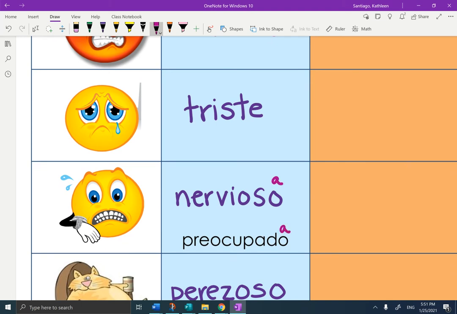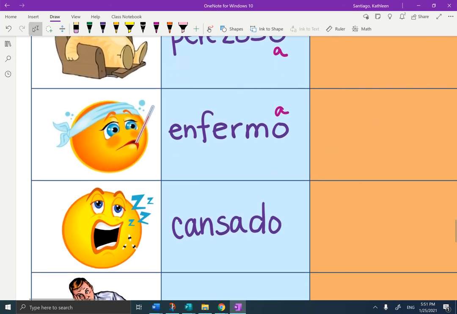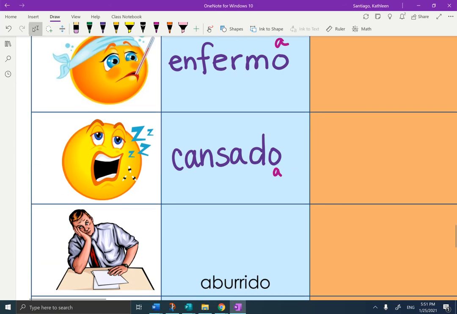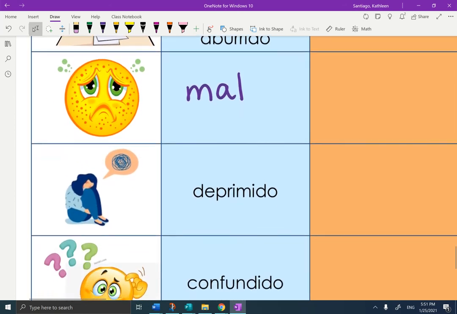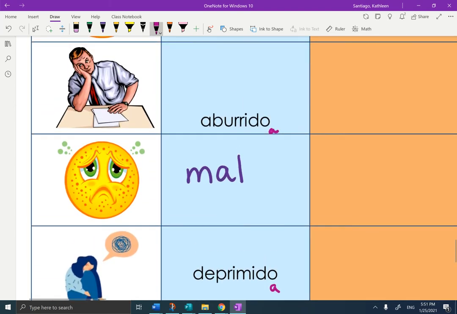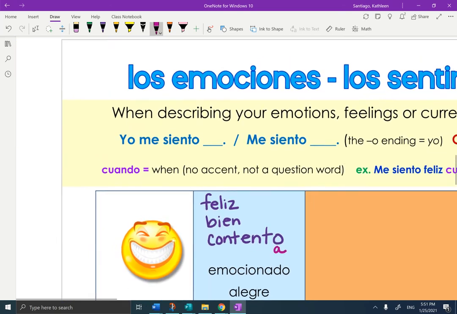Estoy preocupada. Me siento perezosa, enferma, cansada, aburrida, deprimida, confundida. Okay. So we will be changing them to match gender.